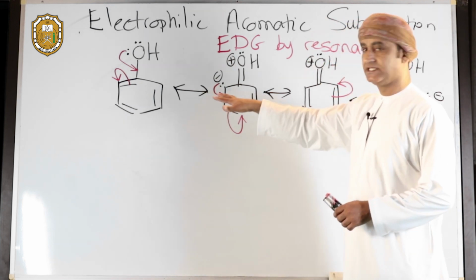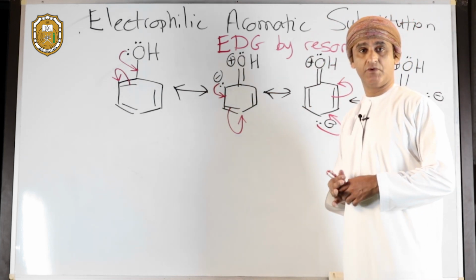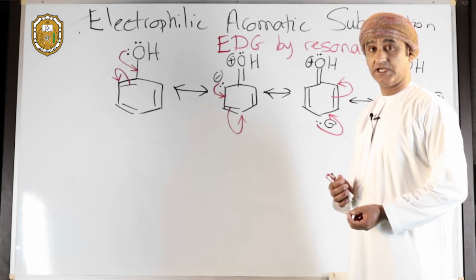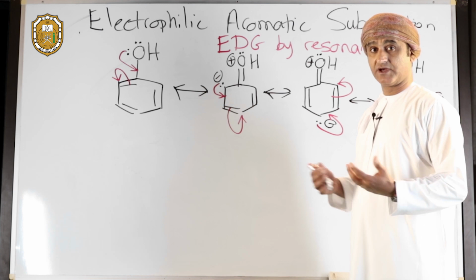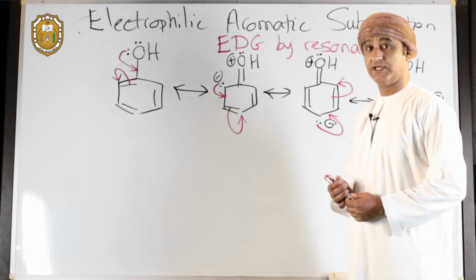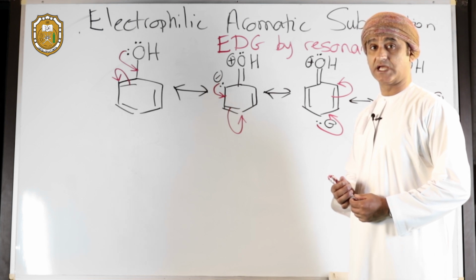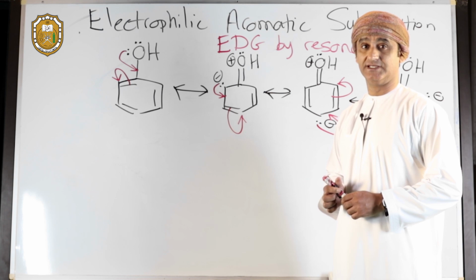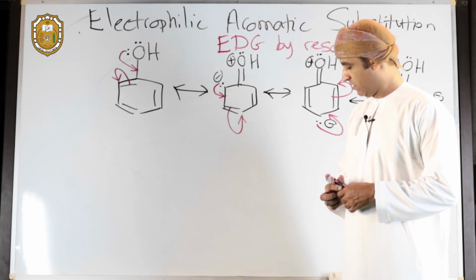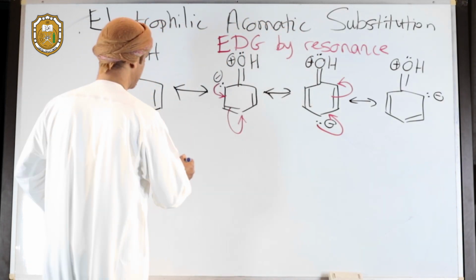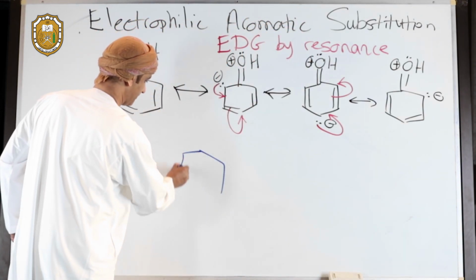Therefore the electron density on the benzene ring is now increased, and the nucleophilicity is also increased, and therefore the reactivity of hydroxybenzene or phenol in electrophilic aromatic substitution reactions is actually higher than unsubstituted benzene itself.